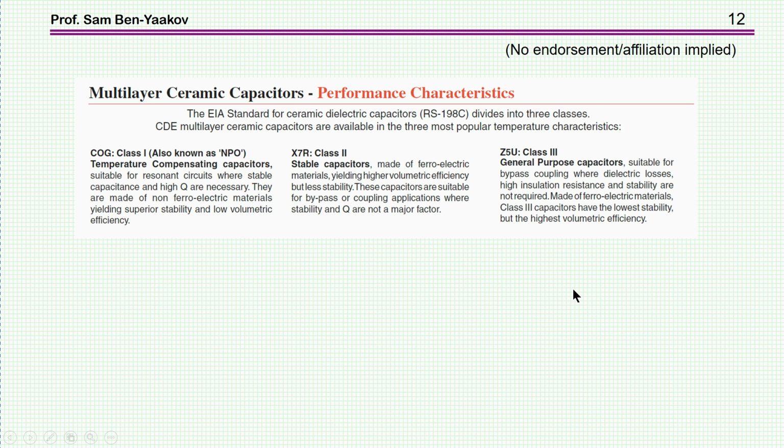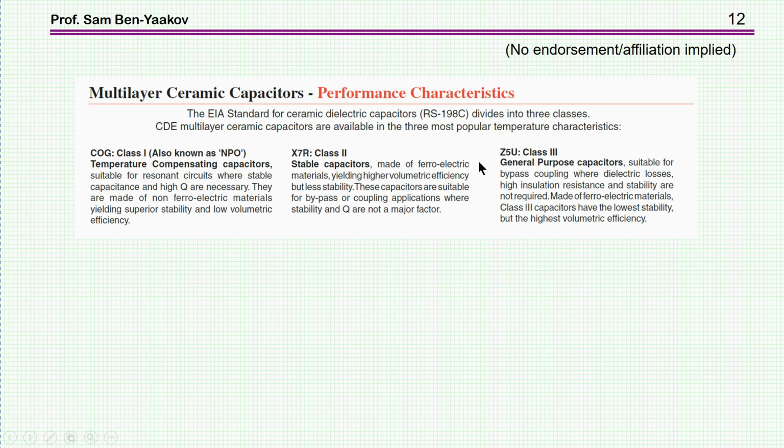Now let me recap the classes. We have class 1, which is the best one, NPO. It's temperature stable. However, it has a low dielectric constant, which they call low volumetric efficiency, meaning that the size will be larger.